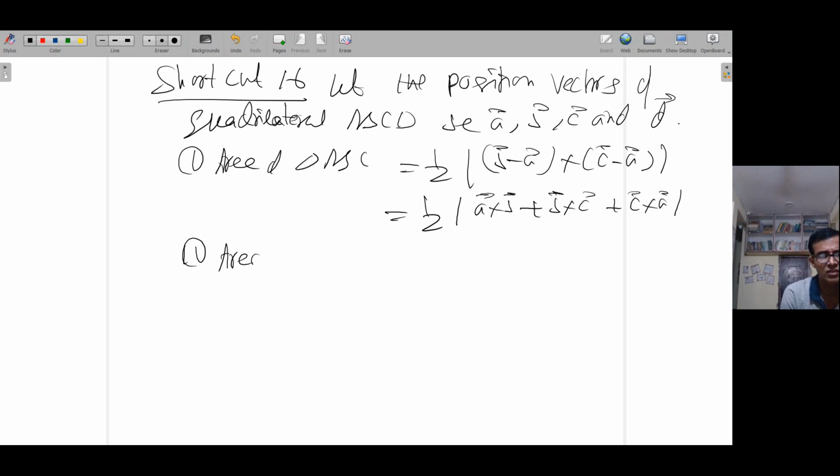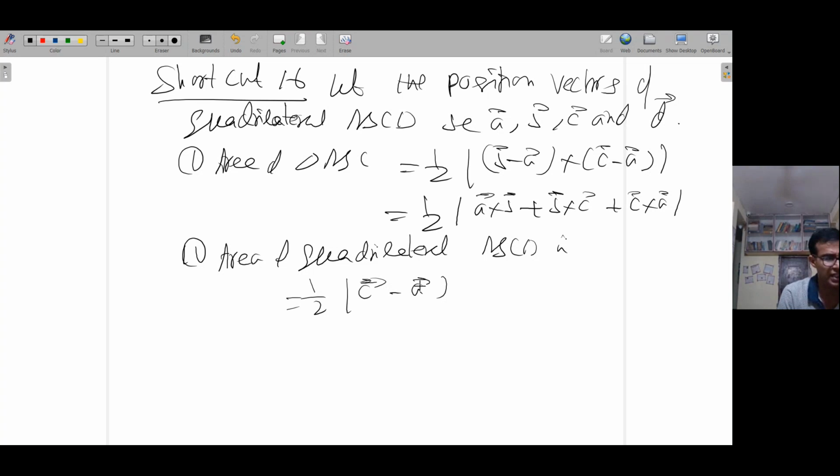Now, area of quadrilateral ABCD is half of (B minus A) cross (B minus D).